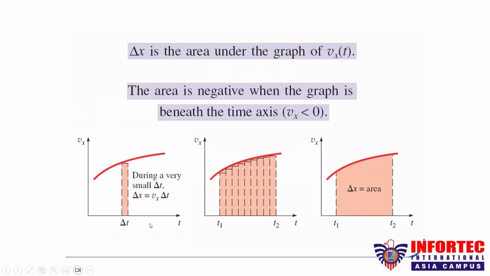This graph is a velocity versus time graph. In a velocity versus time graph, the area under the curve represents the displacement within this time interval, from t1 to t2, right? I think you have the idea how we find the displacement using the graph.